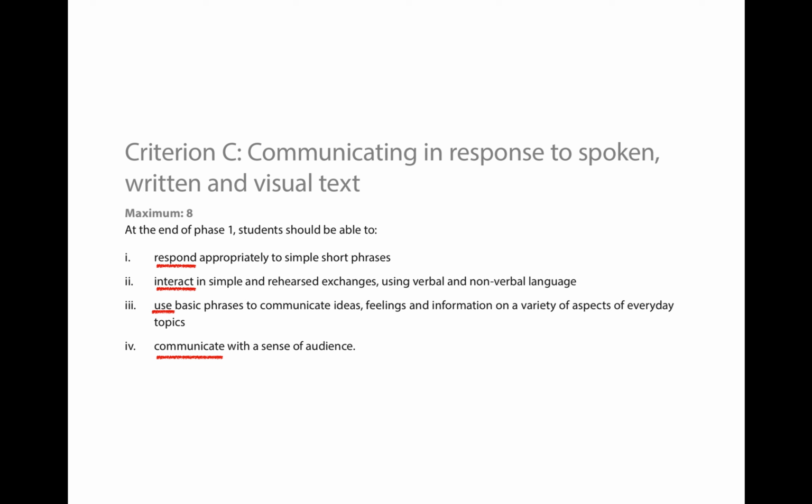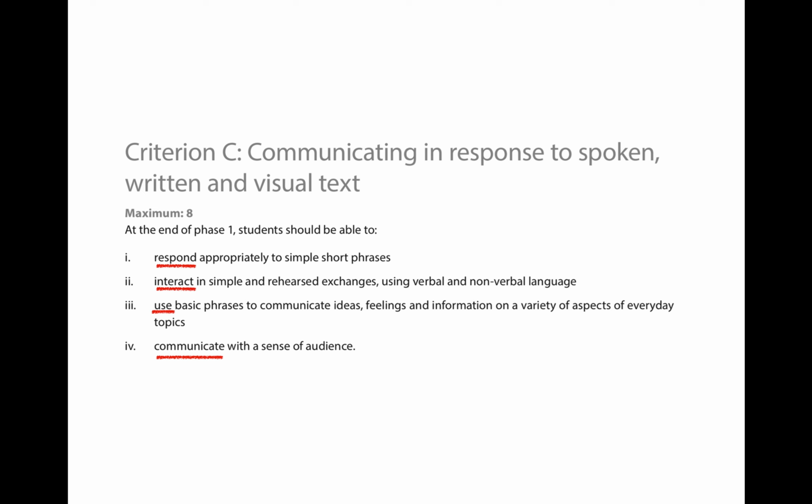Use basic phrases to communicate ideas, feelings, and information on a variety of aspects of everyday topics, but here it will be based on the topic that we're studying in class. And communicate with a sense of audience, knowing who they are speaking to and using the appropriate language.